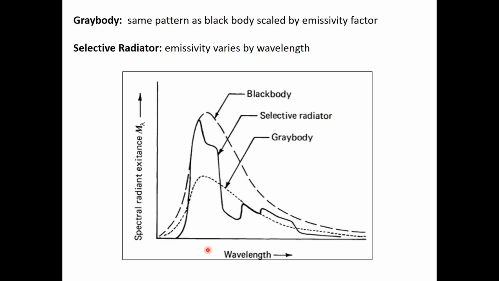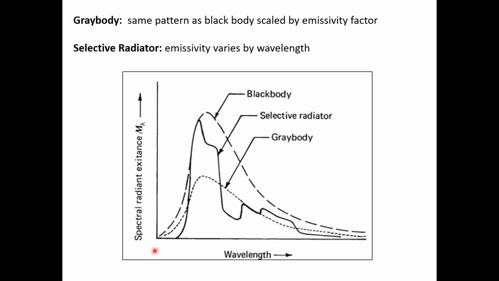Of course, in practice, most things are not black bodies. It really is a theoretical construct. So we have these two other categories that most materials fall into. That is a gray body, which exhibits the same pattern as a black body, scaled down by an emissivity factor.